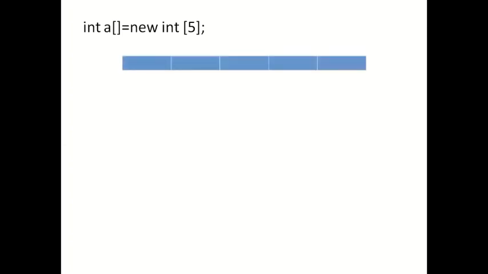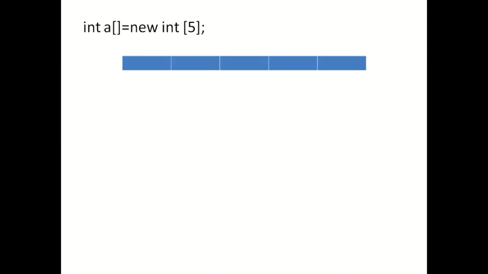Now we will see how we calculate the memory address if I am using a single dimension array. If you are using the Java language, then with the help of this statement we can create a single dimension array. This statement creates 5 blocks where you can store your 5 numbers.